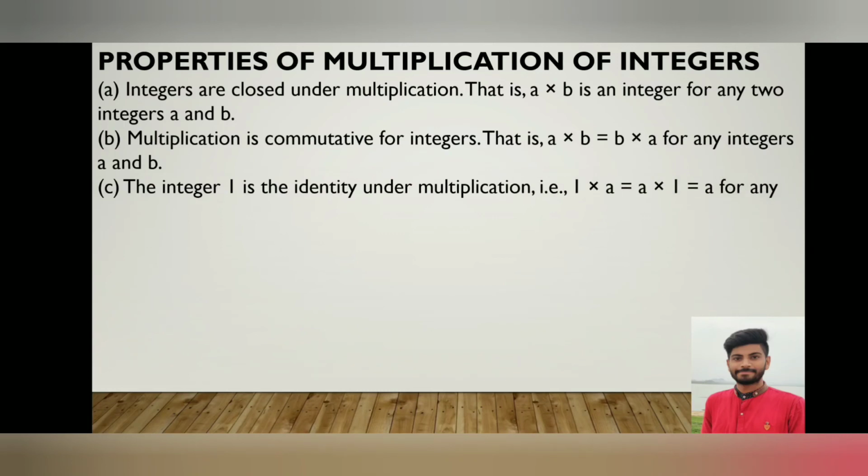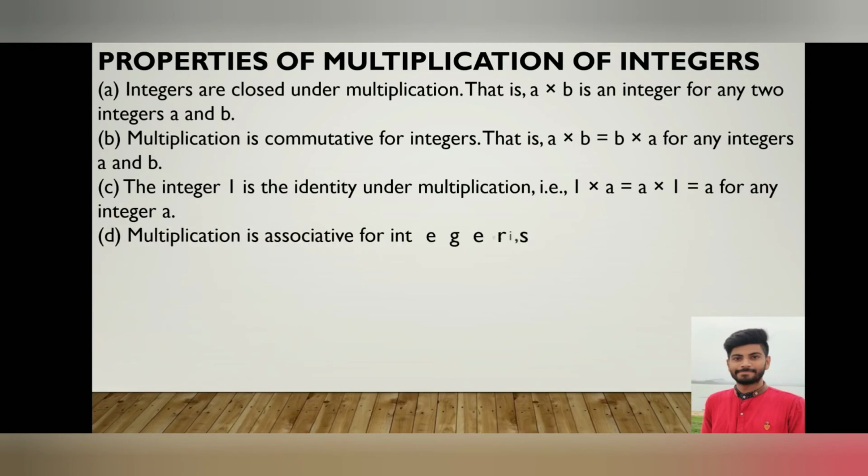The integer 1 is the identity under multiplication. For addition, the identity is 0. If we add 0, we will get the same answer. For multiplication, it is 1. If we multiply by 1, we will get the same answer. For example, 1 multiply with a, and a multiply with 1 is always the same answer, that is a, for any integer a.